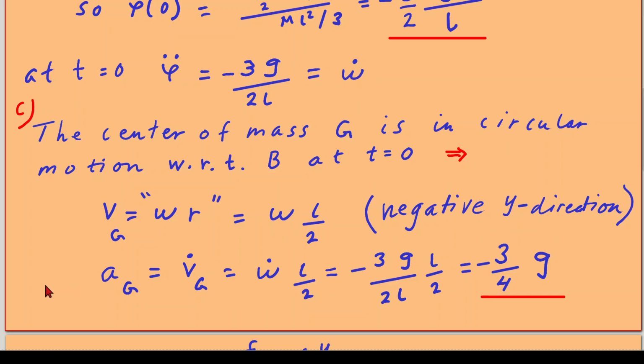And the acceleration is just to differentiate the velocity with respect to time. So you get this, omega dot times L half. This doesn't change with time at the moment, or near t equals 0. So it's omega dot. And omega dot is just angular acceleration, which we already calculated here. So insert it here, and here is the answer. That's the acceleration, and it's negative because it's directed downwards in the negative y direction.